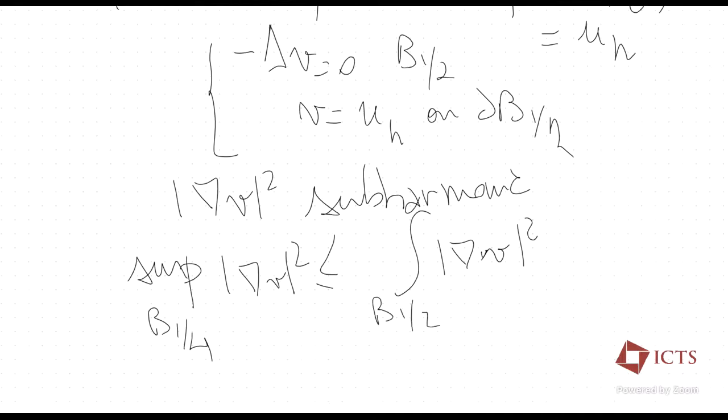Well, there is a constant here probably. And this, you can relate it to a constant times the energy in a ball of radius 1. And this is just because you can relate it to the boundary, to the value of v on the boundary, which is u_h, that you relate by the properties of the convolution.